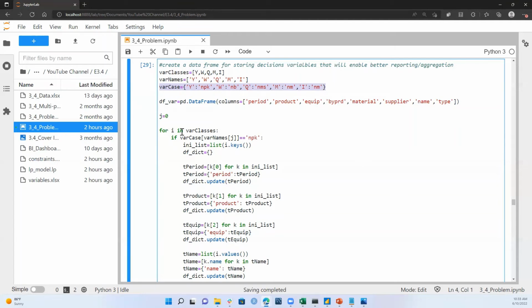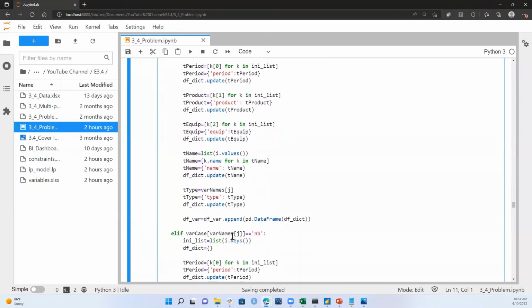To demonstrate how this works, let's take the first example, the production variable class y. So for i in var classes, the first one is y, and we're going to check for each of these classes whether or not their index or indices fall within one specific case. For y sub ik, we're going to say var named j, which is initially 0, which is y, and we're going to use that to find the appropriate index in this dictionary. So using this first element y, we'll get npk, and this condition will end up being true.